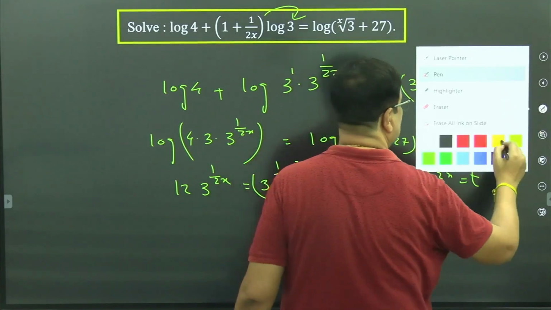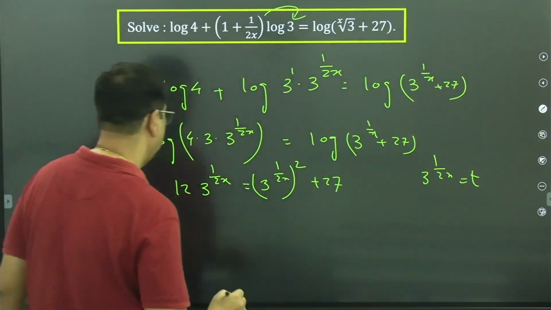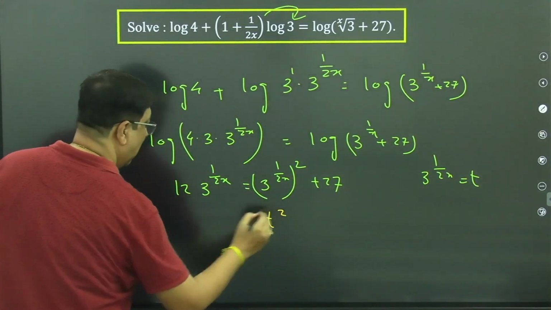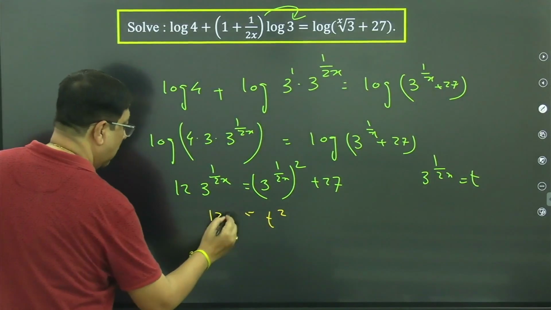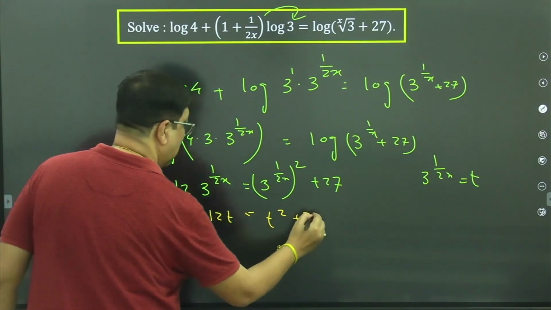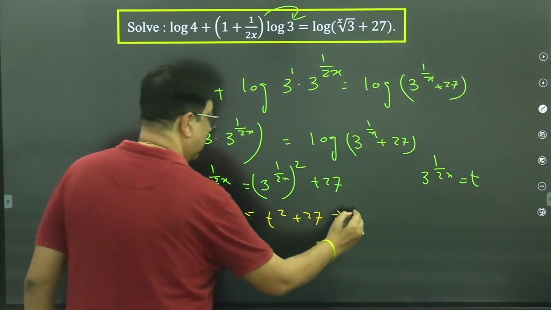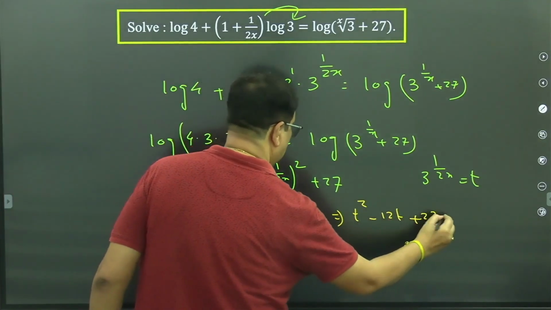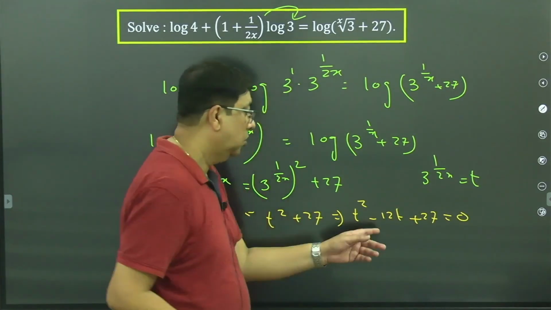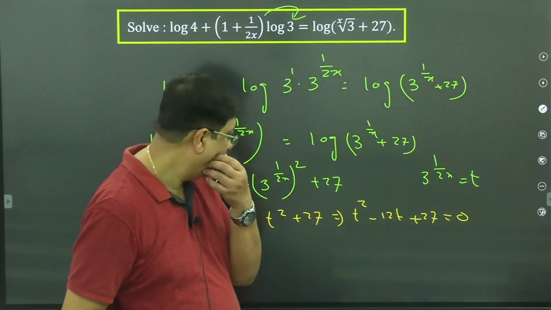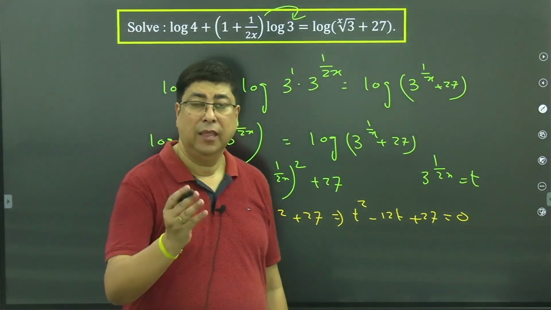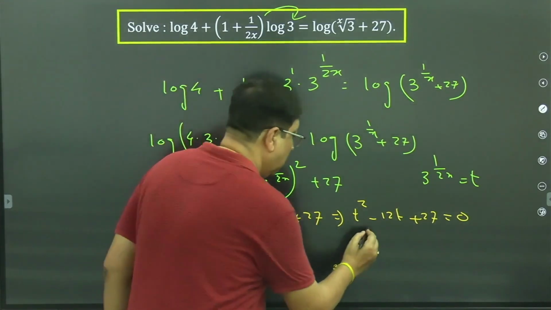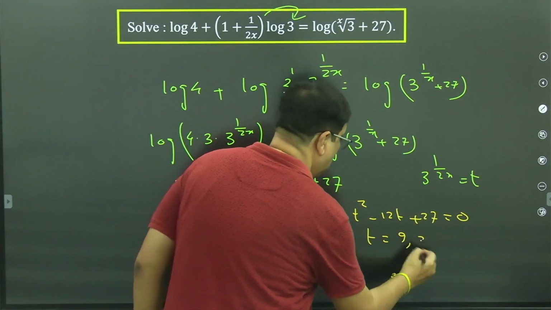Let 3 to the power 1 by 2x equal to t. So if I take this as the t, we are getting क्या होगा t square, 12t plus 27. So ये क्या होगा t square minus 12t plus 27 equal to 0. So क्या होगा 9 and 3, t is 9 and 3, so t equal to 9 or 3.